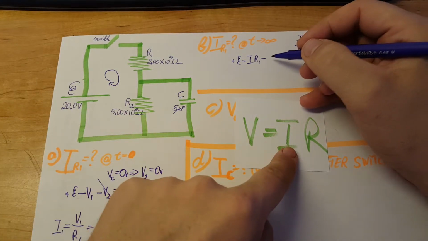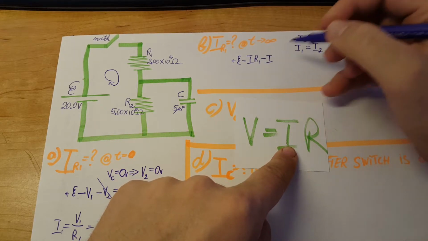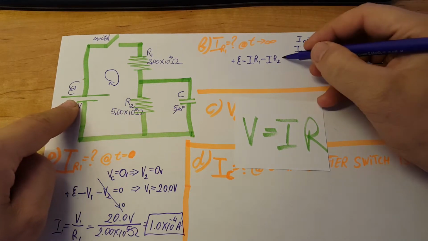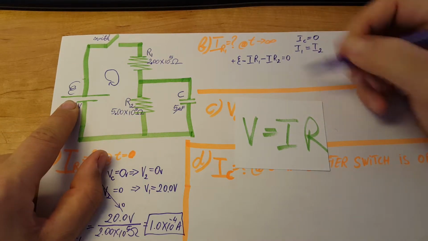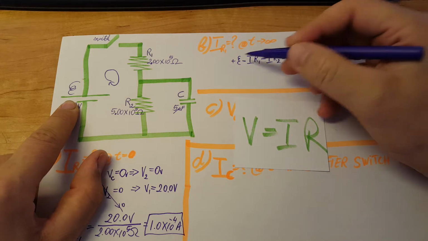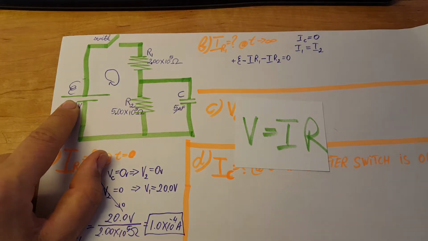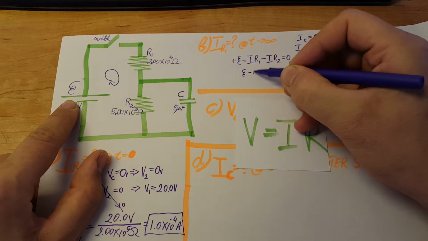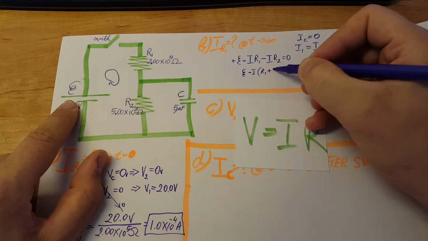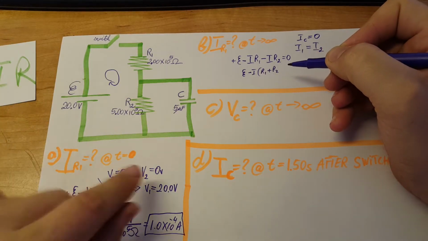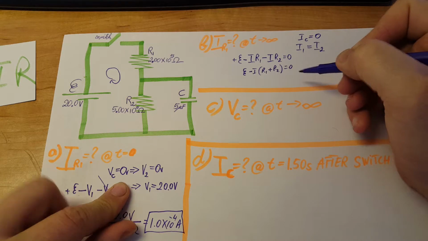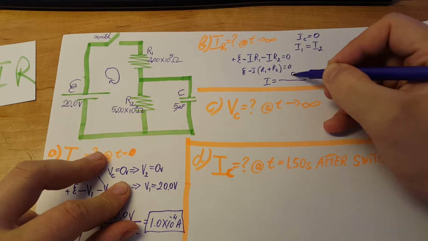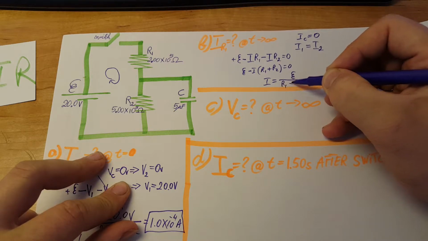Again, I'm gonna use the same I times R2. There's nothing else left, so equals 0. Now we're gonna solve for I. EMF minus I times (R1 plus R2) equals 0. From here, I equals EMF over (R1 plus R2).